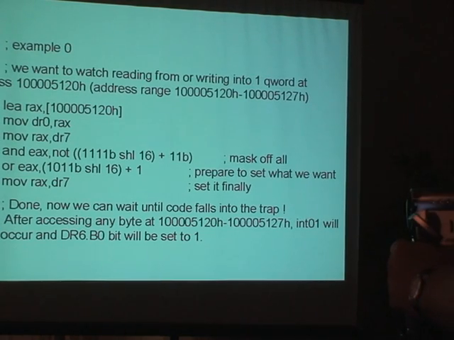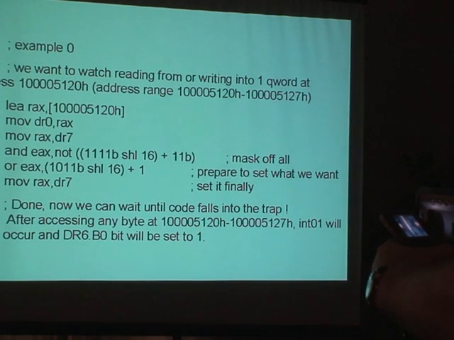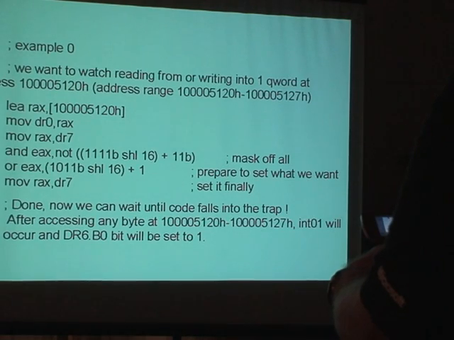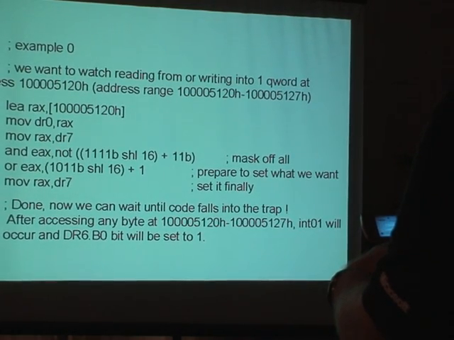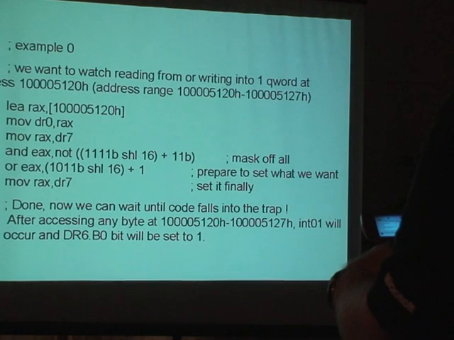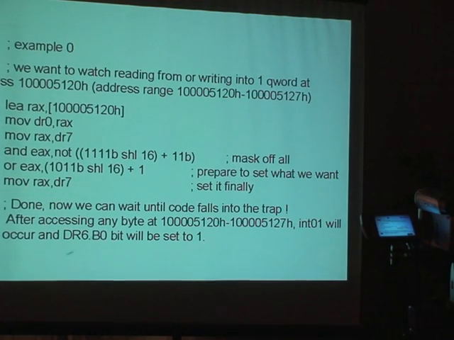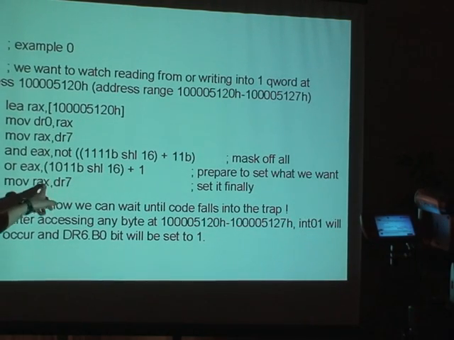So this is the first example. We want to watch reading or writing into one quad word at this address. So we just load this address into debug register 0, then we read debug register 7, we mask off all bits for debug register 0, then we set what we want, and then we write this value into debug register 7.